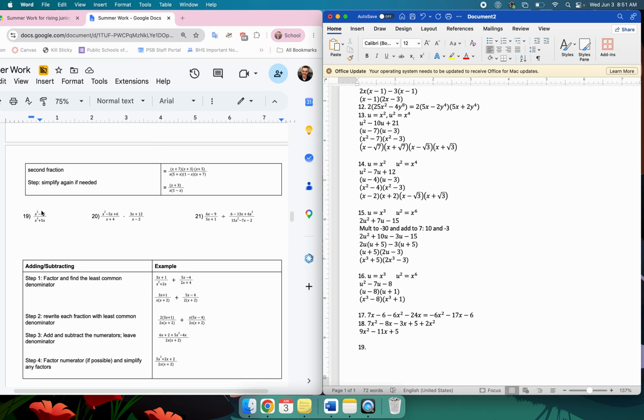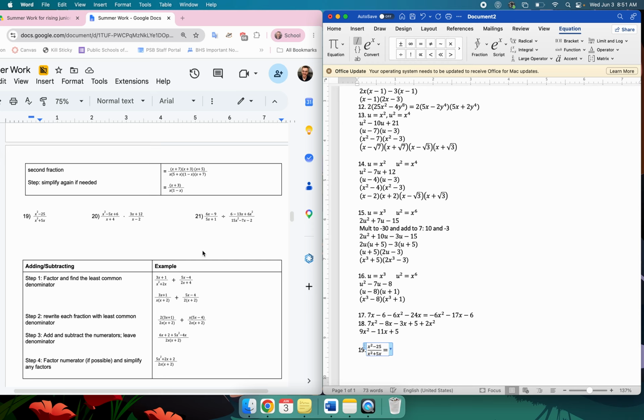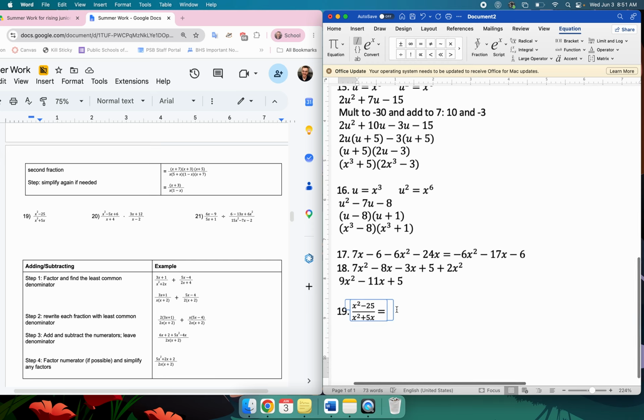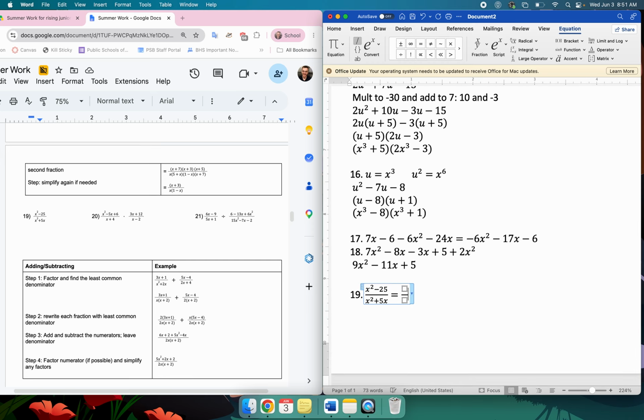So this expression here, we just have this rational expression, x squared minus 25 over x squared plus 5x. The name of the game is to factor and then cancel common factors if there are any, which there typically are. So the top is a difference of two squares. It factors like this.